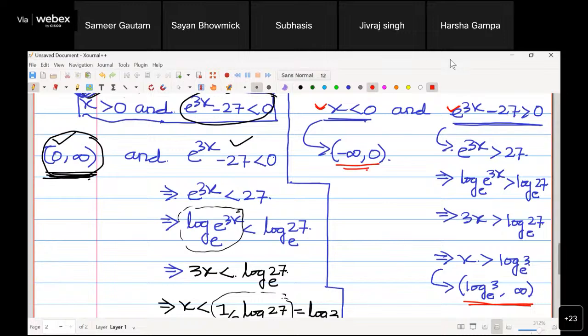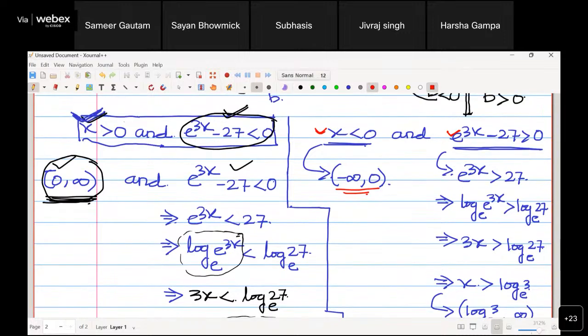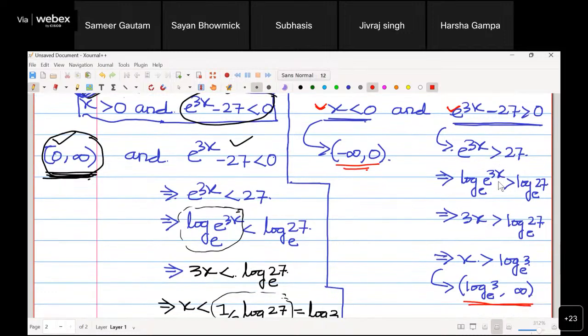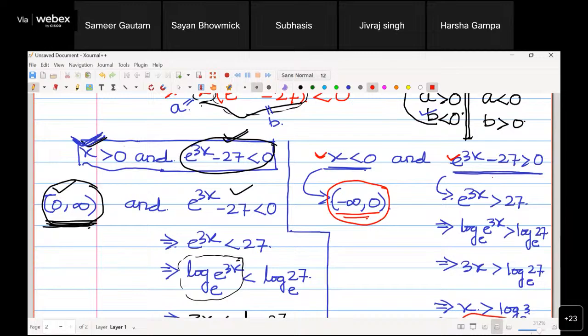I want a region in which both conditions hold. Is there any? There won't be any region, because there is no common intersection, no common points between this region and this region. So this will never happen. We only have to consider this other case.